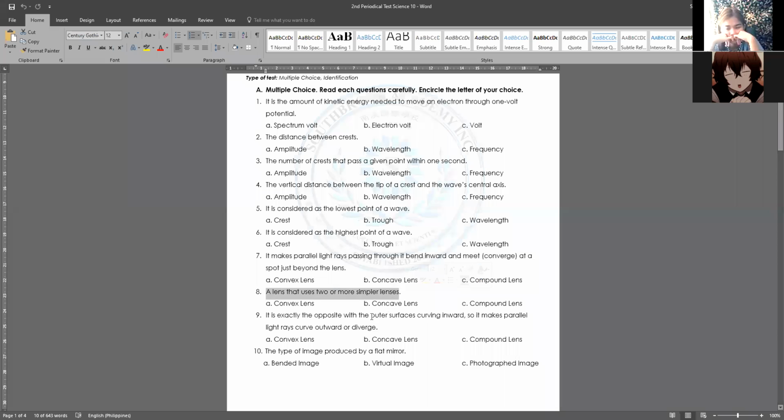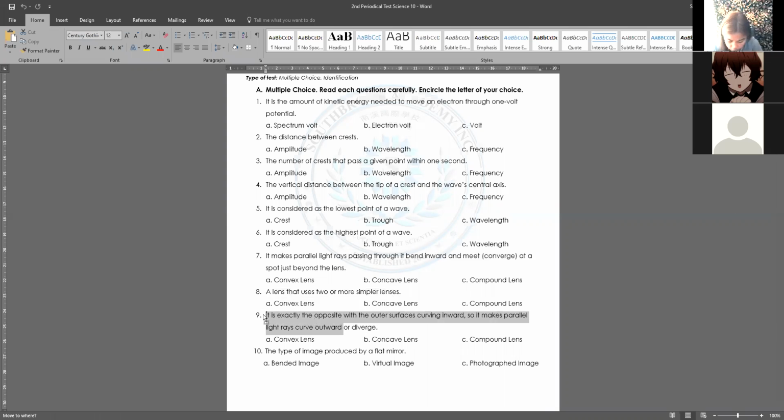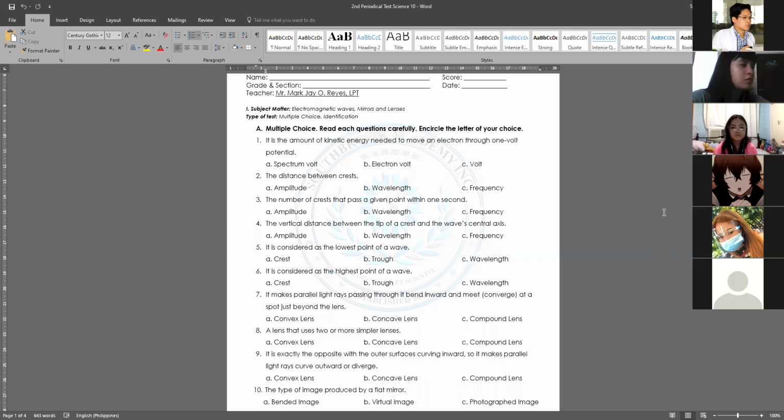A lens that uses two or more simpler lenses. Compound lens. Compound lens, correct. Number 9, let's have Audrey.